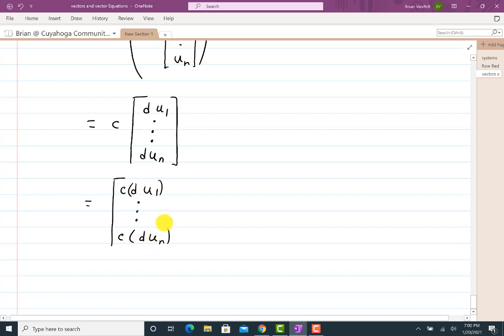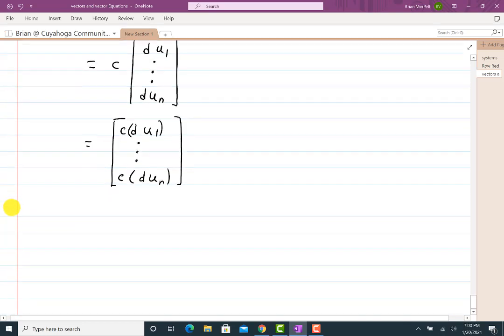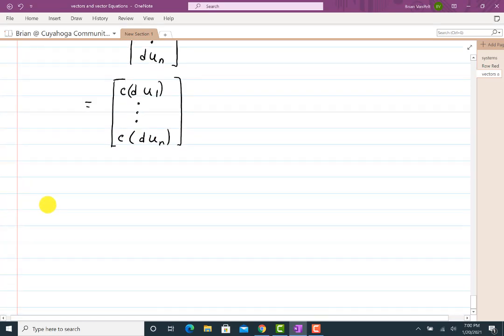Now, this is typical for proofs. Each of these components, c, d, and u1, are all real numbers. C, d, and un, they're all real numbers. And we know that in the world of real numbers, multiplication is associative. So I know that I can change the parentheses to be around cd.